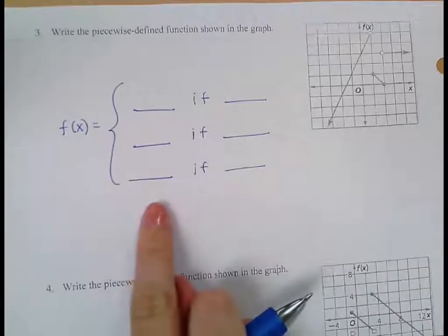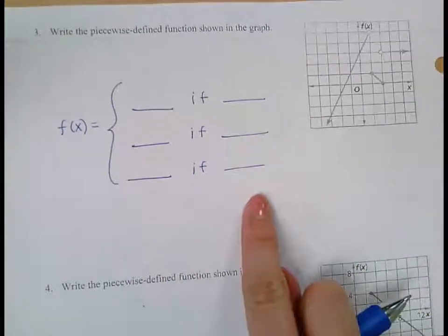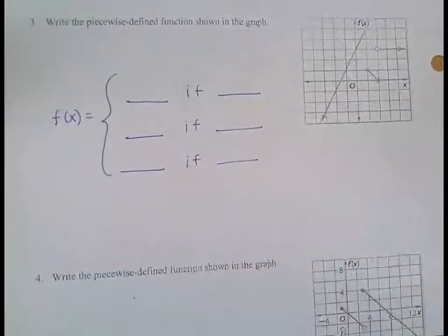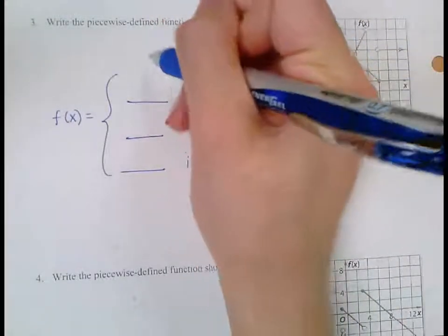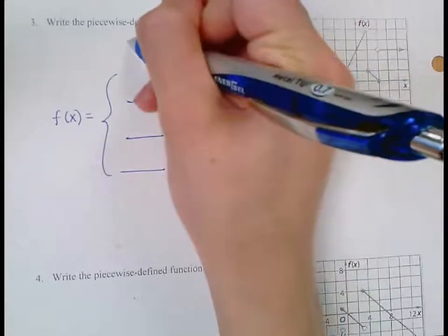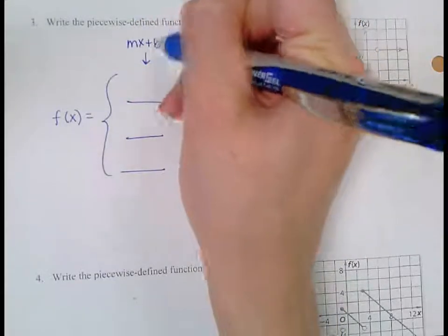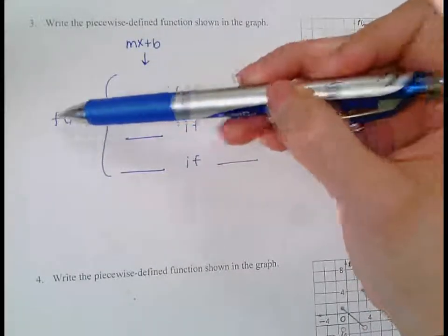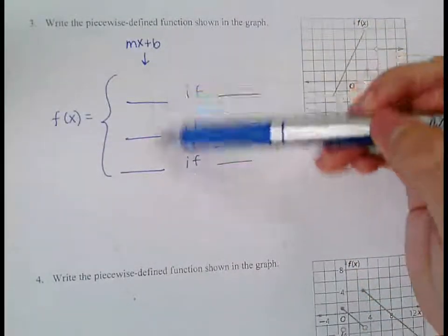So it's always the expression, if, and then the domain for that expression. And the domain, those are your inequalities with x, what x values are included. Also remember your expressions are all in the form, well, y equals mx plus b, but remember your y equals is the f of x equals, so you don't need the y equals here.